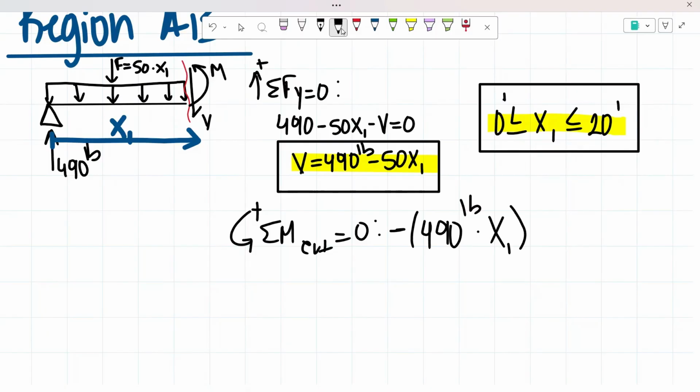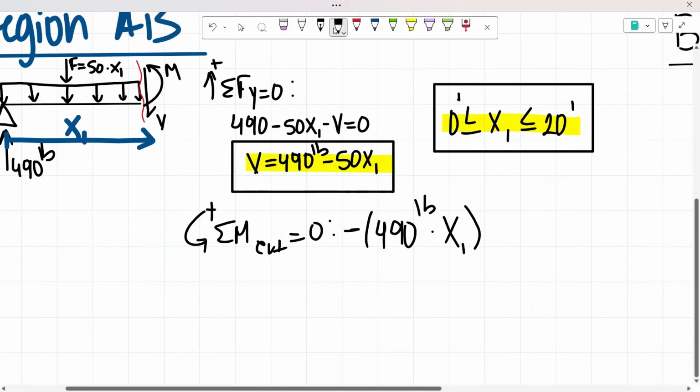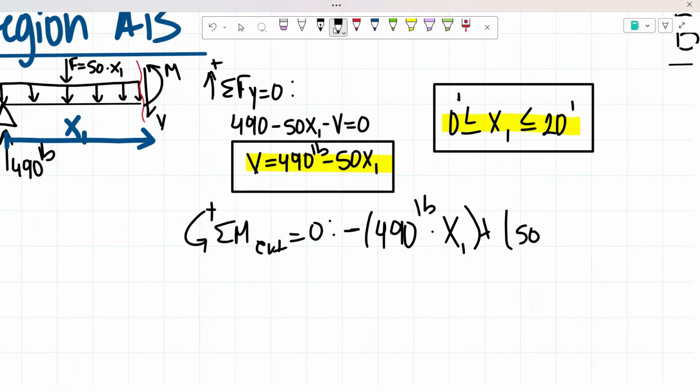From there, we have our concentrated force acting downwards. It's going to be creating a counterclockwise moment, so positive moment with a force of 50 x1. And as for our location, we know that it is midspan of x1, so multiply that by half of x1, so x1 over 2.